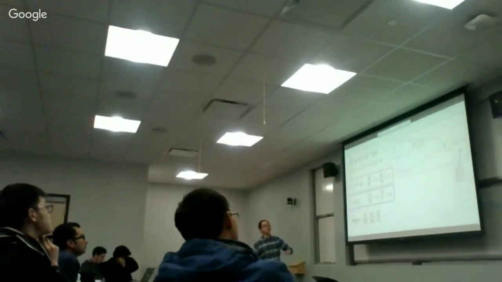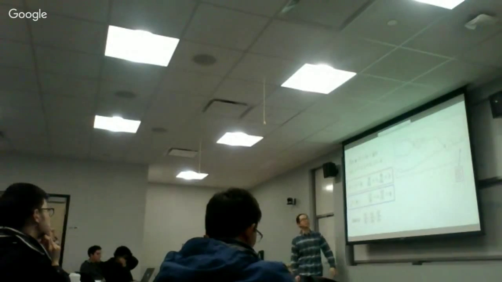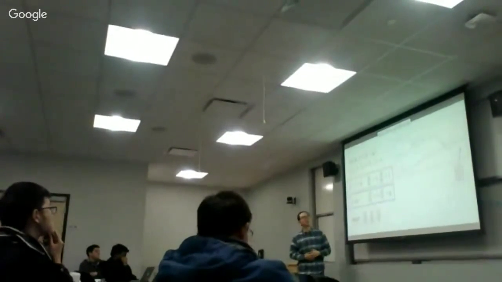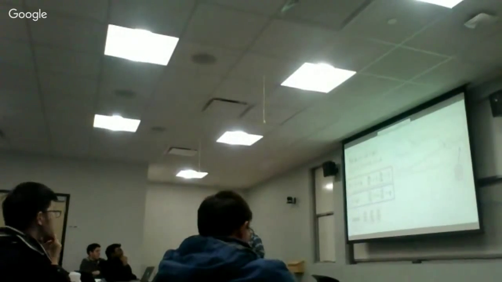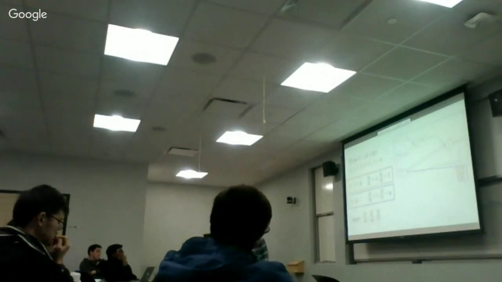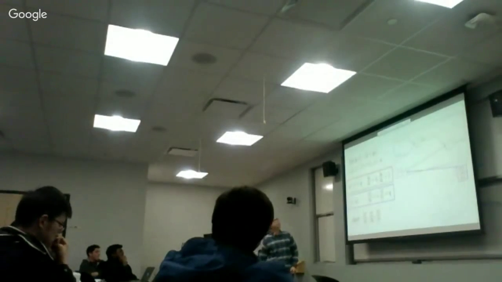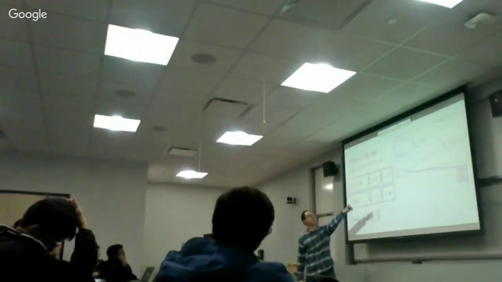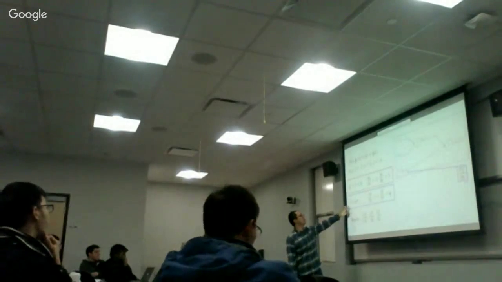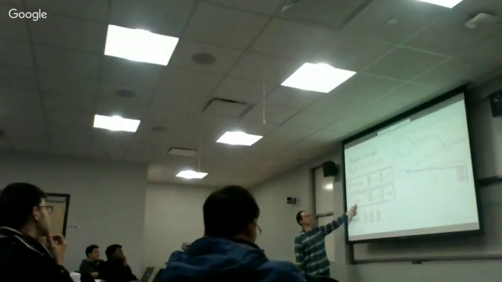Now let's get what we want, f to x. First, the derivative of f with respect to itself is 1, right? Now we try to get the derivative for z. We have this multiplication node, q times z.